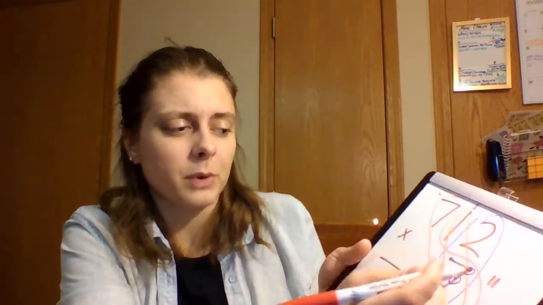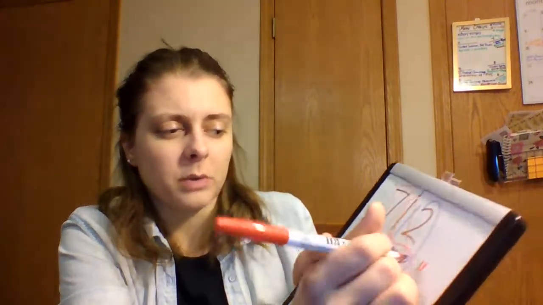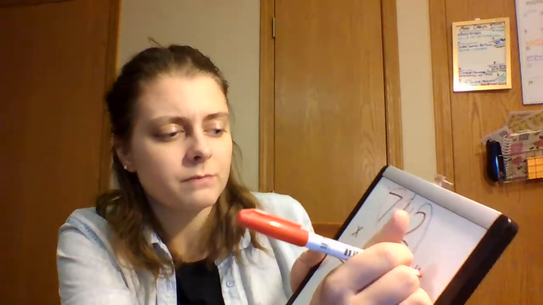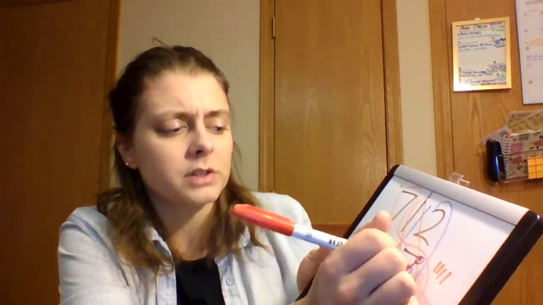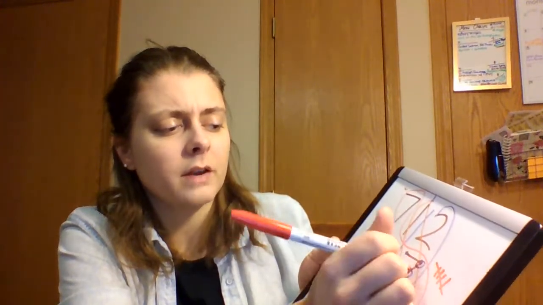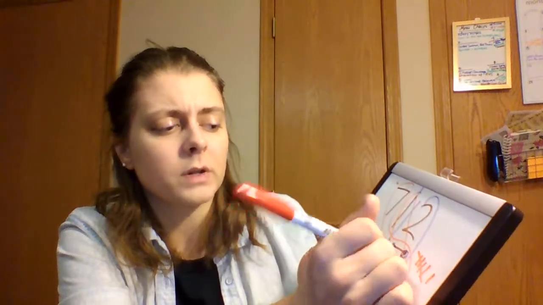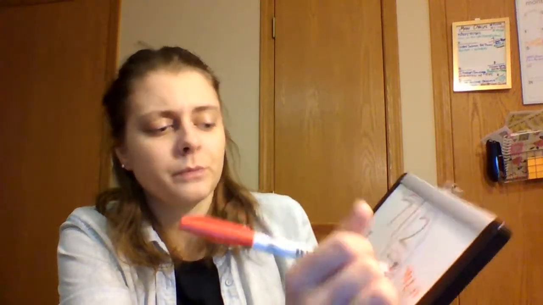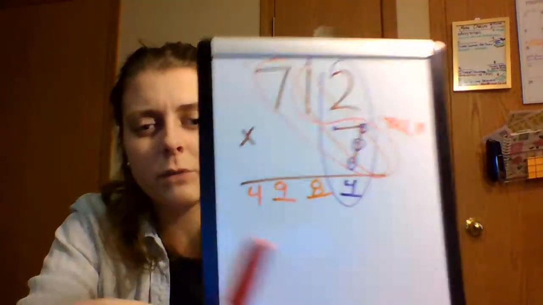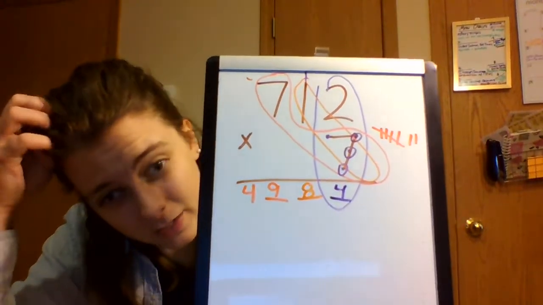So I can go ahead and skip to the 3. 15, 16, 17, 18, 19, 20, 21. 22, 23, 24, 25, 26, 27, 28. 29, 30, 31, 32, 33, 34, 35, 36, 37, 38, 39, 40, 41, 42, 43, 44, 45, 46, 47, 48, 49. I don't have a thousands place, so I can just put that 4 right there in its place. 4,984.